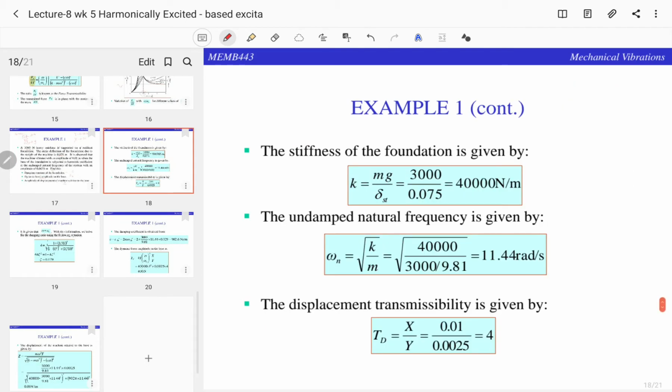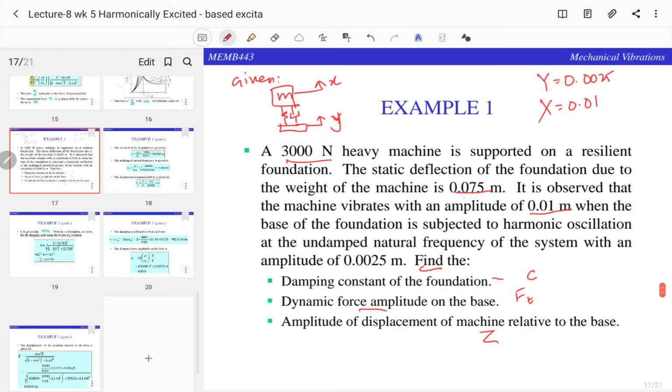So let us take a look at that. You have the 3000, which is the M. You have the static deflection, which is 0.0075 just now. I forgot to put the variable.